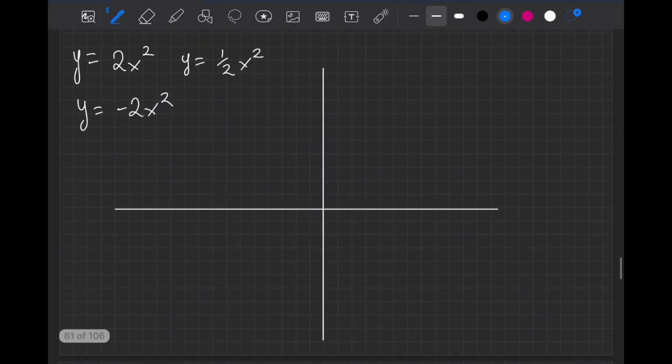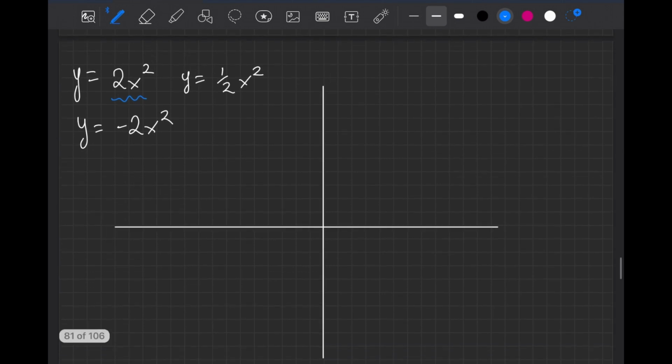Okay, now let's talk about stretches and some of the reflections. So if we have, say, 2x squared, I'll graph the original function, y equals x squared, and then I'll show the transformation. So that's the original. Now I'll graph the other one in blue.